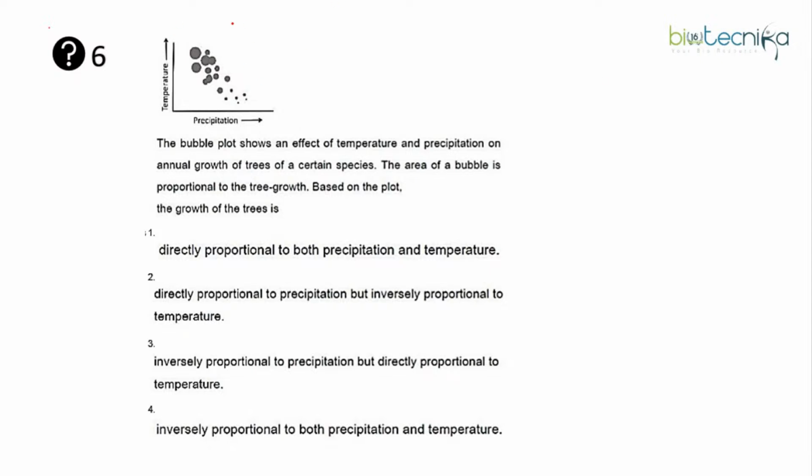So larger the bubble, more growth; small bubbles mean less growth. Based on the plot, the tree growth of the tree is. So now they are asking you to find a link between precipitation and temperature. They have given you the temperature on the y-axis and the precipitation on the x-axis.